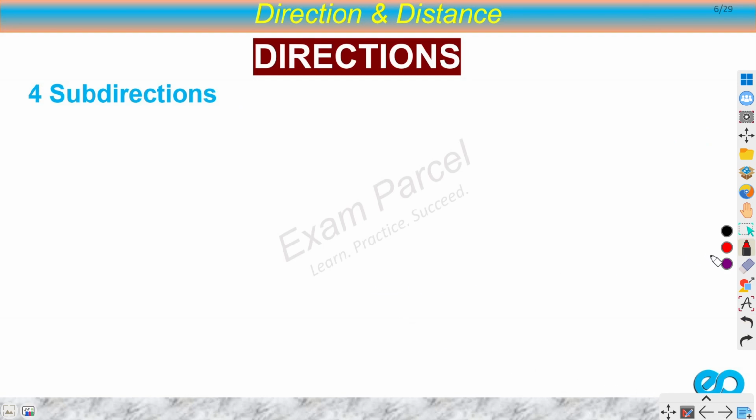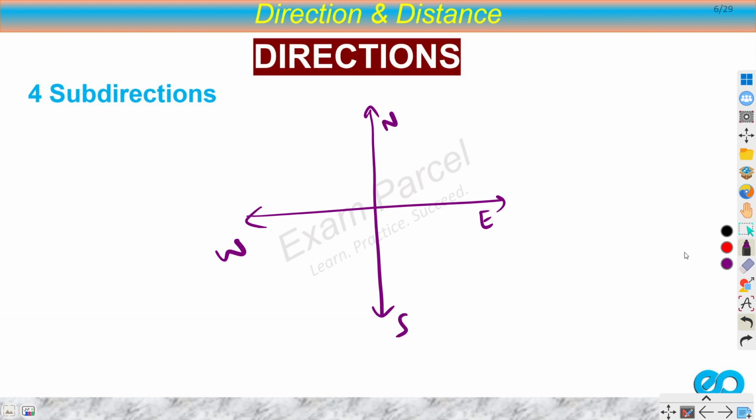Now there are 4 other directions as well. We call them sub-directions. We already saw east, west, north, south. Now we can add 4 directions more. This is 90 degrees, so this would be 45 and 45, right?